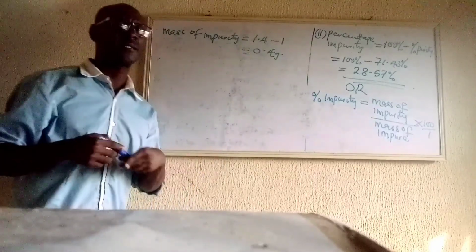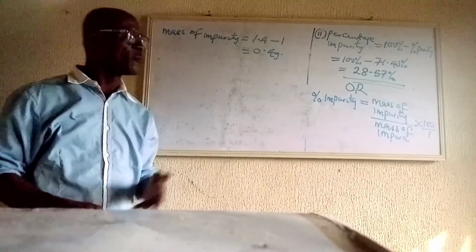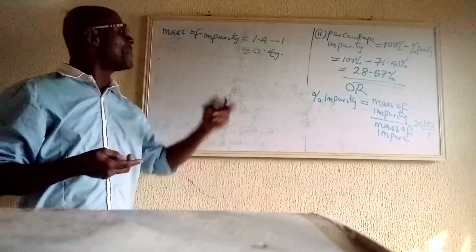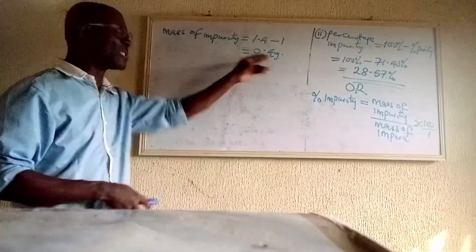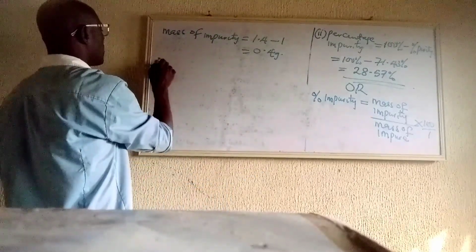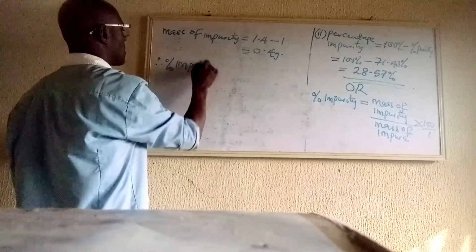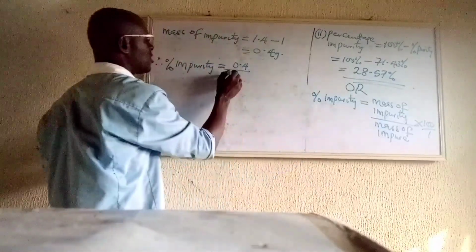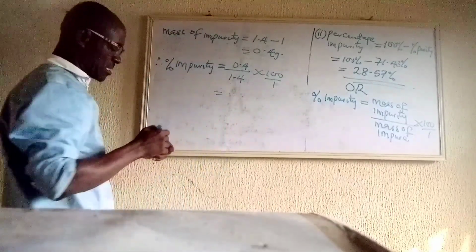Do not forget, 1.4 is the mass of impure. 1 gram is the mass of pure. That means if we subtract that one from this, whatever we have left is impurity, which is 0.4. So 0.4 will now replace mass of impurity. Therefore, percentage impurity will be 0.4 over mass of impure, which is 1.4, times 100 over 1. Let's see what that gives us.